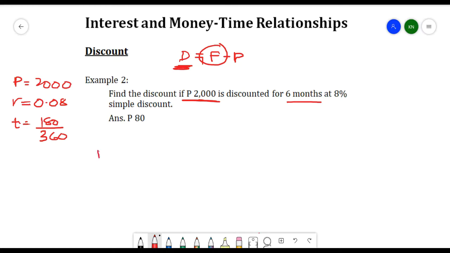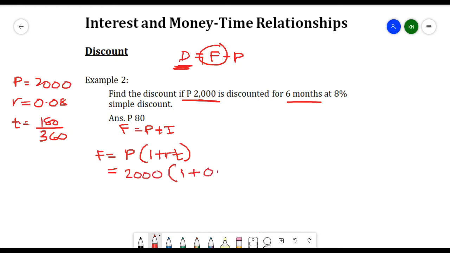So we have F is equivalent to P times 1 plus RT, from the formula F is equivalent to P plus I. Since we already know our P, which is 2,000, 1 plus R, which is 0.08, and our time, which is 180 all over 360, our F is given to be equivalent to 2,080.